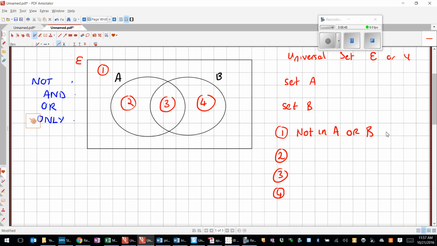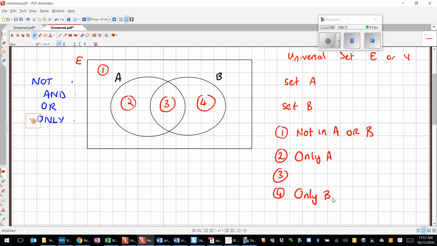Alright? Only fits in the requirements of A. So 2, yeah. I would just say only A. That's it. It only fits in A. Therefore, number 4 is actually only B. Okay.